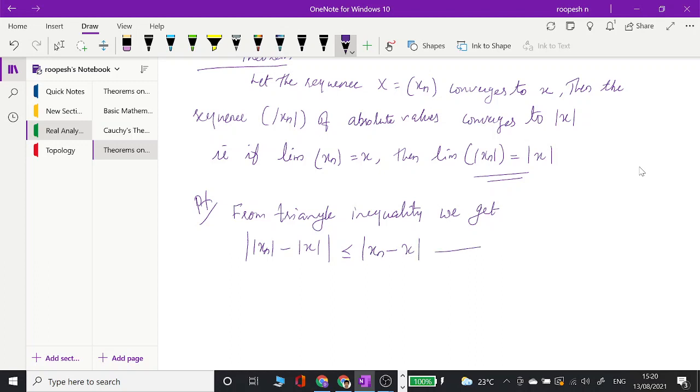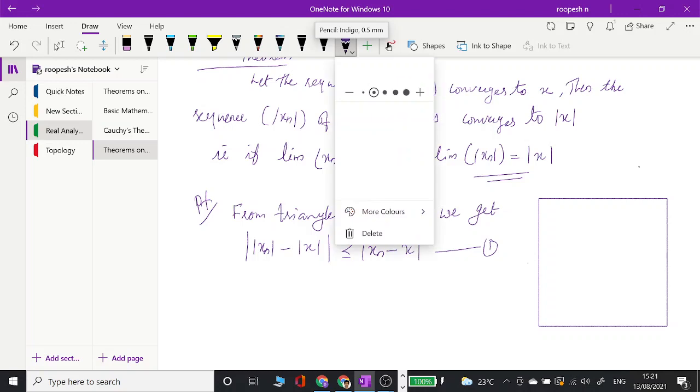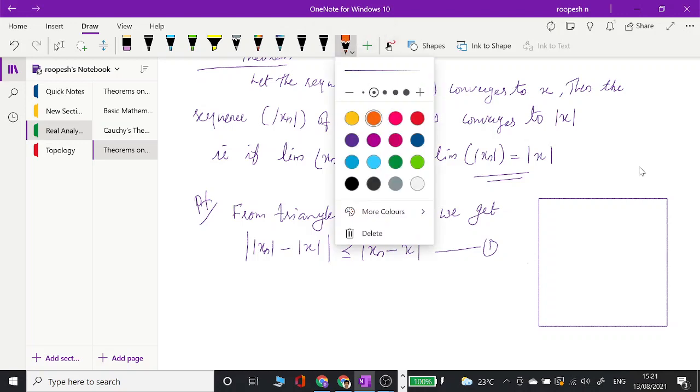Will it be true? Take some values and check whether it is satisfied or not.